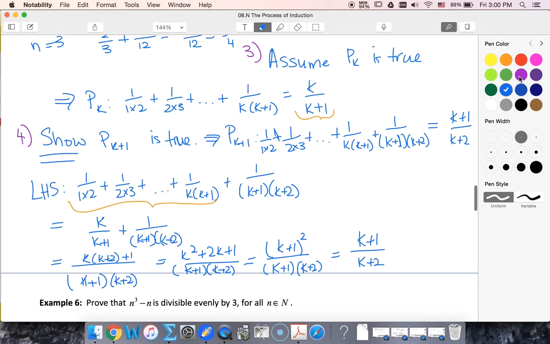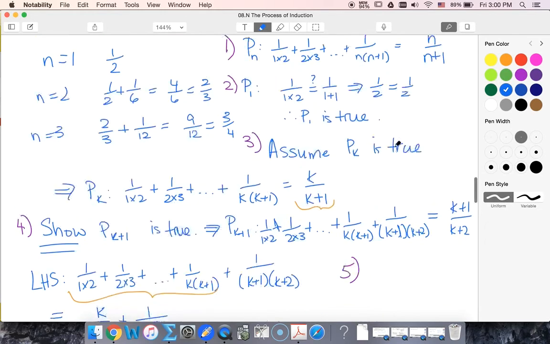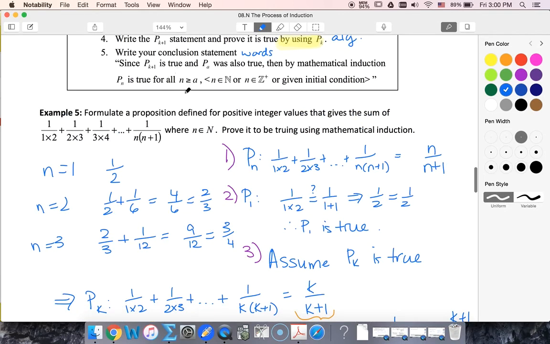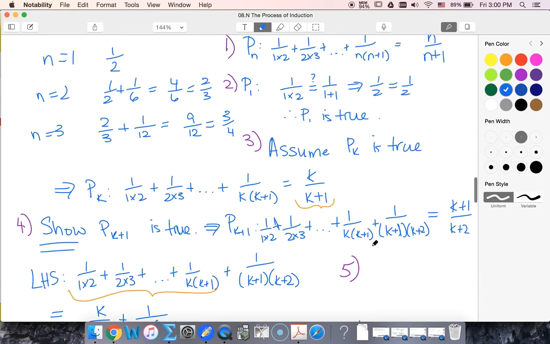So my fifth step would be to write out my sentence finishing the proof. So since P sub k plus 1 was true, and P sub 1 was also true, then by mathematical induction, P sub n is true for all n greater than or equal to 1. In this case, I'll say for all n elements of natural numbers. So I'm actually going to write out those words.